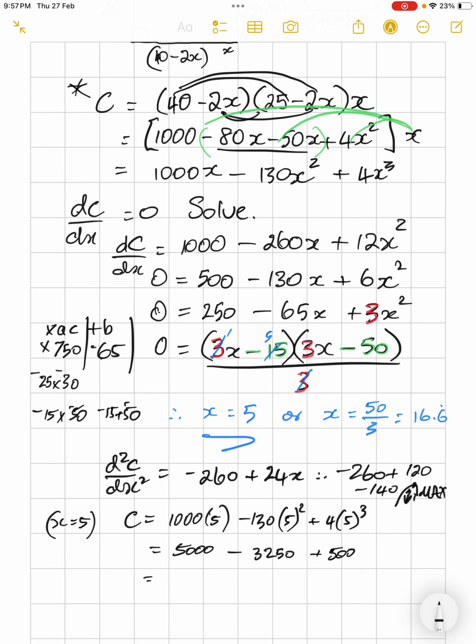So we've got 5500 minus 3250, and our maximum capacity is 2250. Now originally cubic centimetres, but we want capacity, so the most we can fit in that is 2250 millilitres.